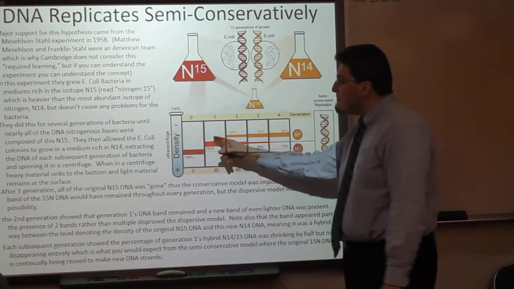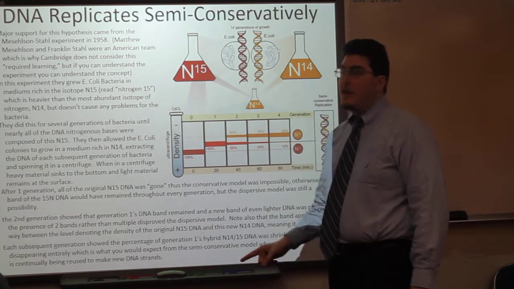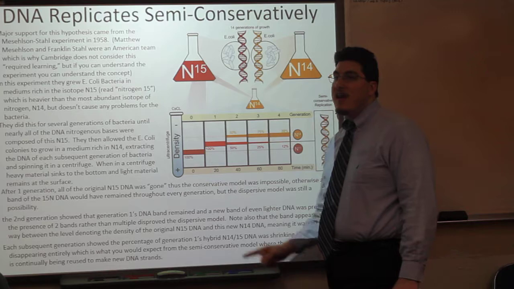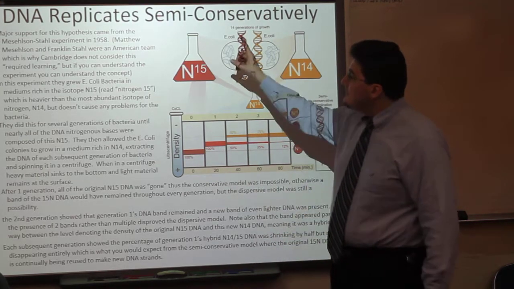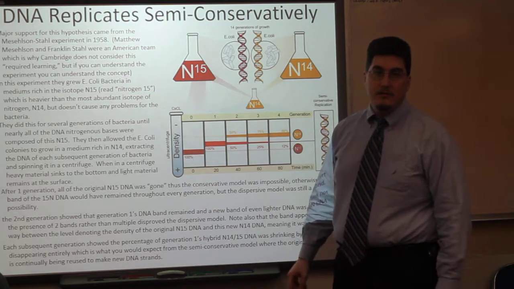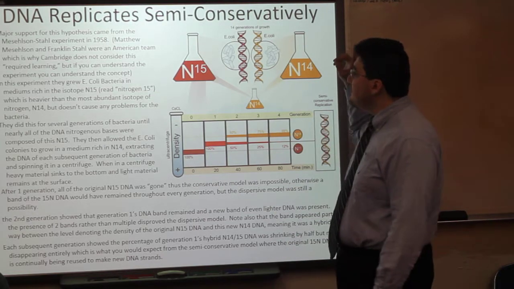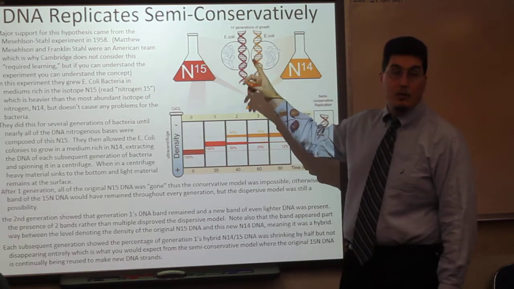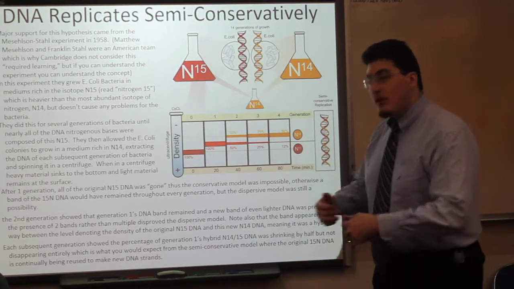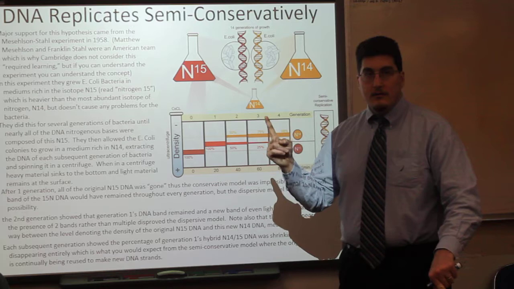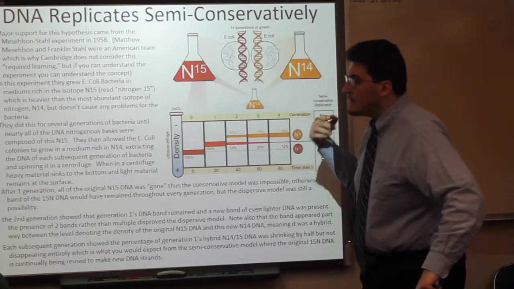So, at that point, we knew that if 100% of the DNA was a different weight, it was either that nitrogen-15 was being converted into something else, which is not possible, or they were making an entirely new set of strands.